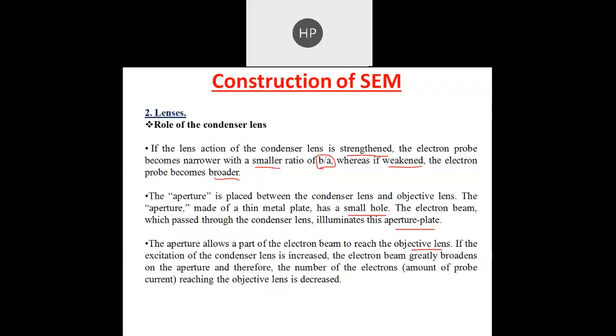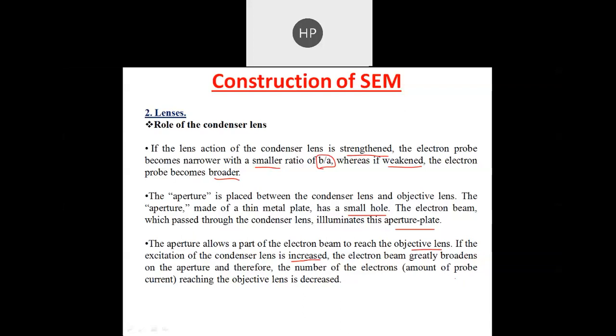If the excitation of the condenser lens is increased, the electron beam greatly broadens on the aperture. Read it properly. If the excitation of the condenser lens is increased, the electron beam greatly broadens on the aperture, and therefore the number of electrons reaching the objective lens is decreased.